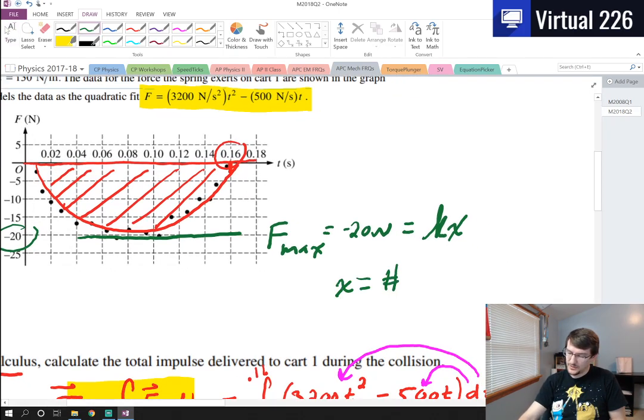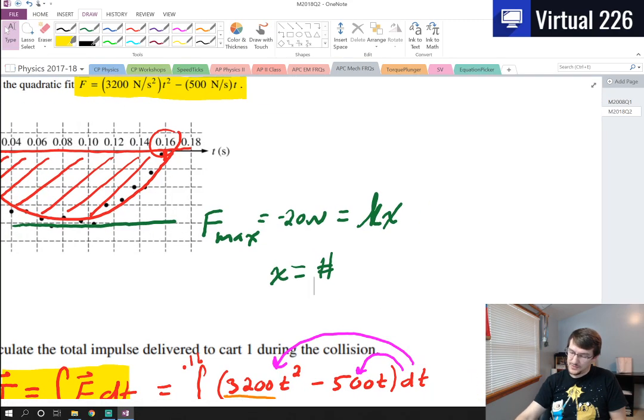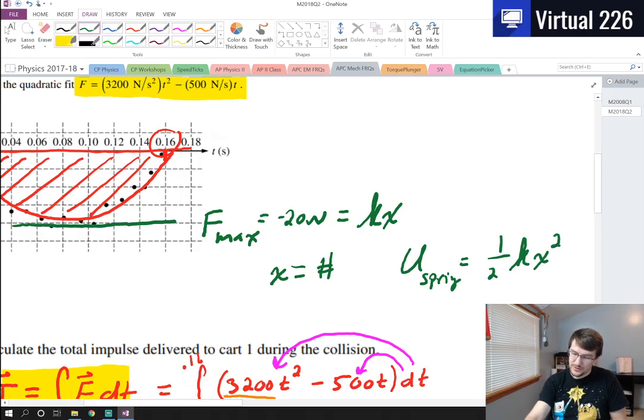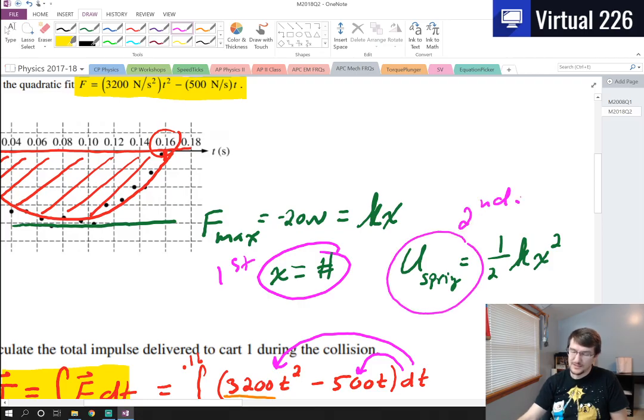It equals some number. And then you'd say that the stored spring energy equals 1/2 kx squared. So you'd get this value first, and then you'd get this value second. You can totally do it that way. That's the way I like to do it.